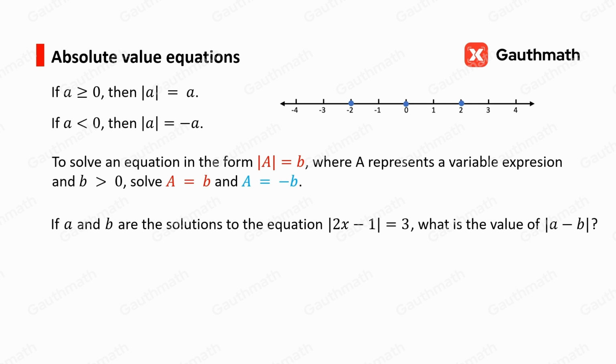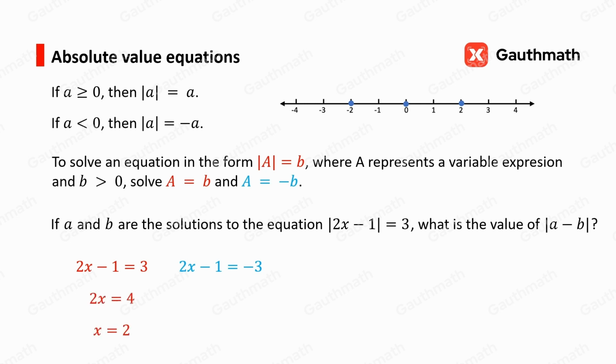If A and B are the solutions to the equation, the absolute value of 2x minus 1 equals 3, then what is the value of the absolute value of A minus B? We need to solve 2 equations. The first one, 2x minus 1 equals 3, and the second one is 2x minus 1 equals -3. Then we solve them separately.